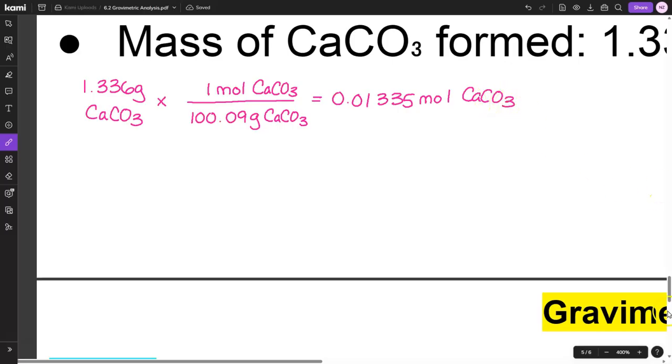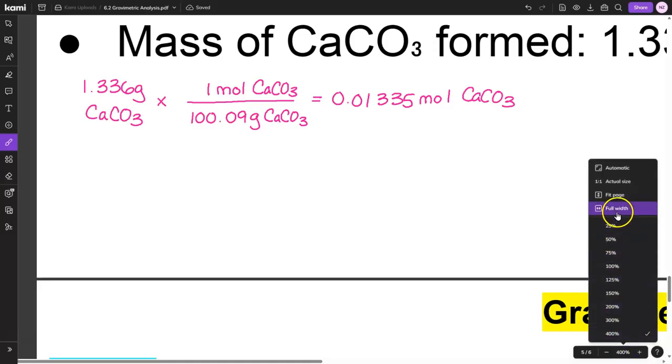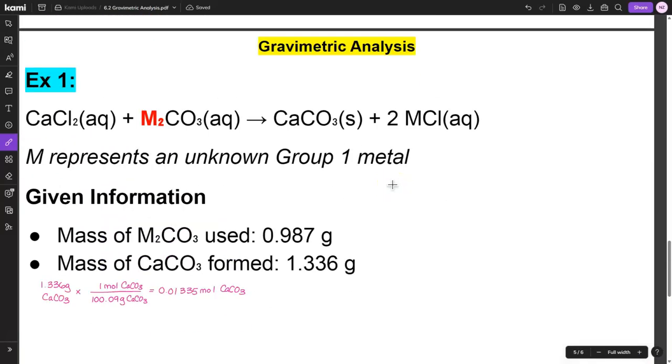Okay, now let's go back and look at the equation. In our equation, we have calcium carbonate, and we have our unknown metal carbonate. Now, there's nothing in front of these. Notice we have a 2 in front of our metal chloride, but in front of the calcium carbonate and the metal carbonate, there isn't anything. There's like an imaginary 1 here. So the ratio of calcium carbonate to metal carbonate is 1:1. So for every 1 mole of calcium carbonate produced, we need 1 mole of our metal carbonate.